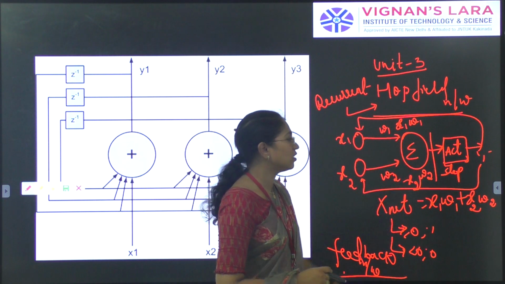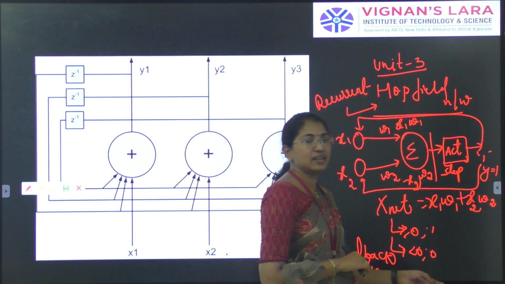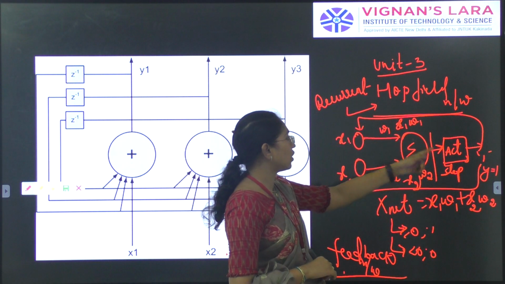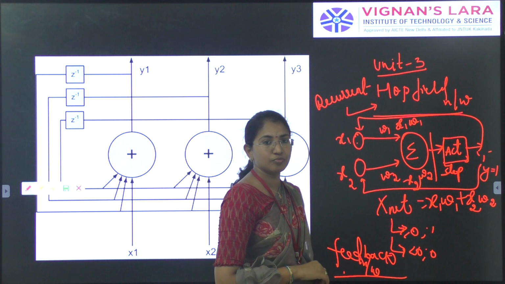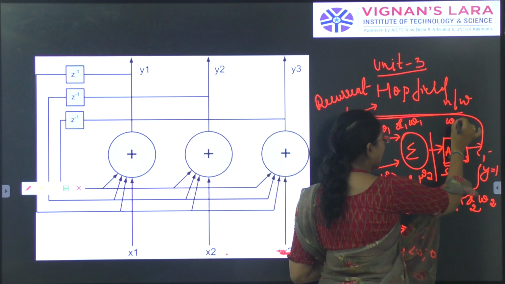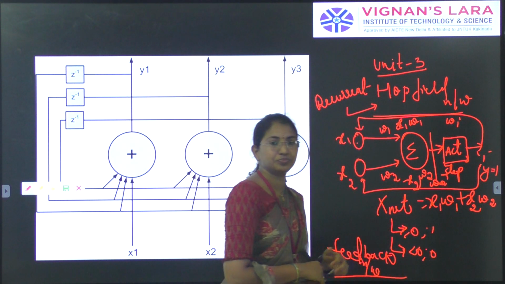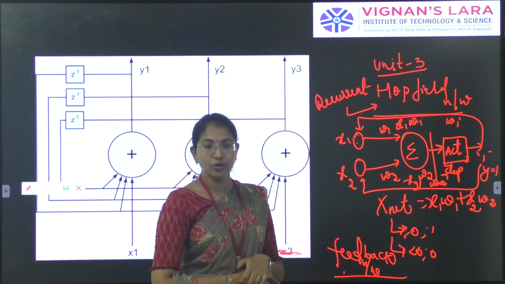So this y, which is 1, is again sent as one of the inputs through the weight w1 dash and through the weight w2 dash.